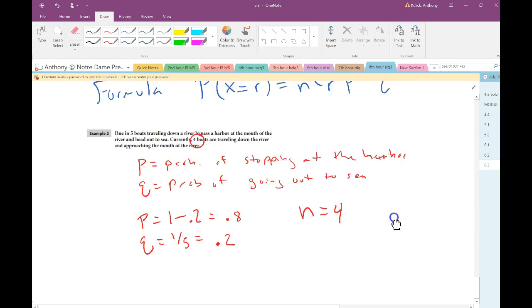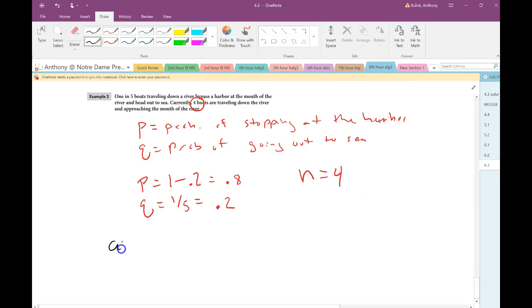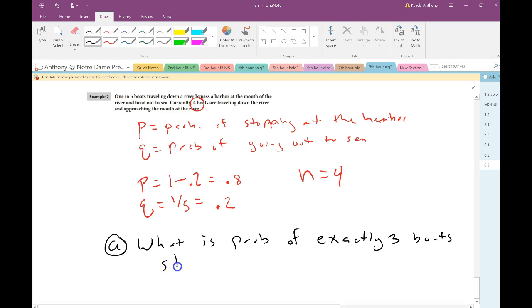Now let's ask some questions about this situation. Part A might ask, what is the probability of exactly 3 boats stopping at the harbor?